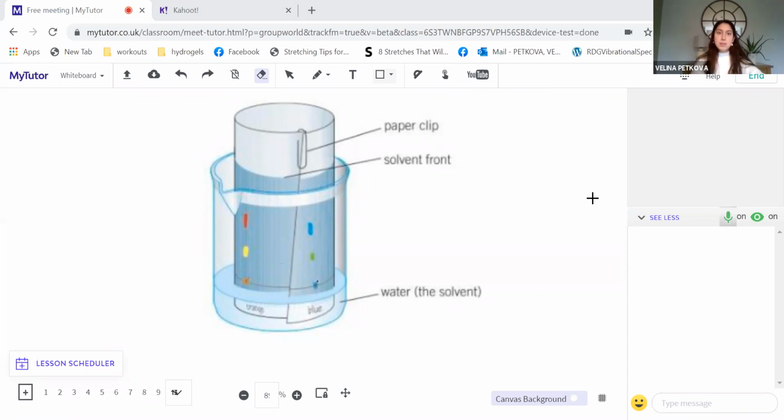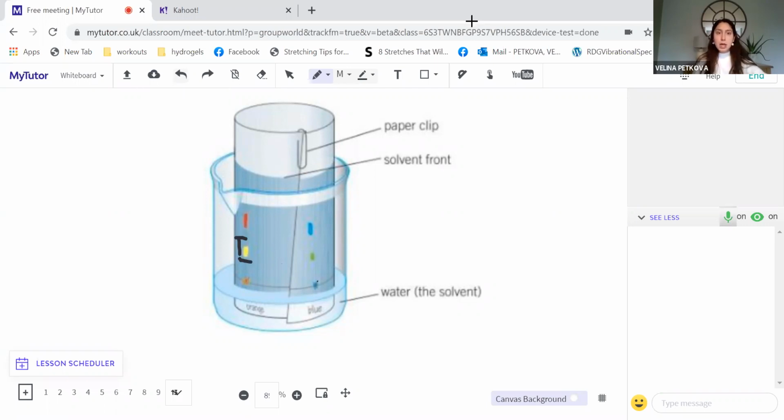Pencil does not dissolve in your solvent. You don't want a substance that does dissolve in your solvent, as it's going to get carried up by the solvent, and you're just going to get a very messy result, which is not what we want. So we always draw our line in pencil, and then depending on the relative solubilities of the different compounds in our mixture, they will travel up the paper to different levels.